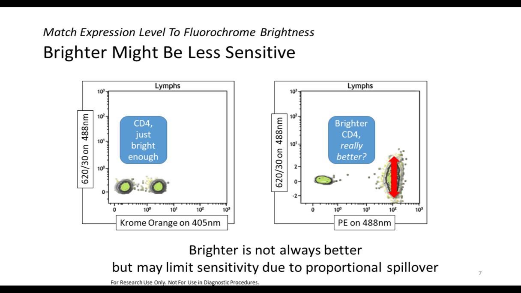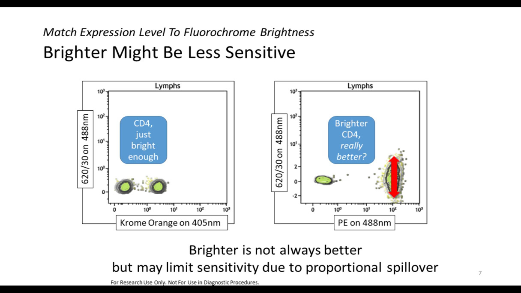But on the right, we see also that the positive population starts to get broadening as compared to the negative population. So in this channel on the y-axis, the 620 nanometer channel, we will see an increase of measurement error called spreading on this CD4 PE positive population, which limits the sensitivity for an antigen measured in this channel that we can achieve on the PE positive population.